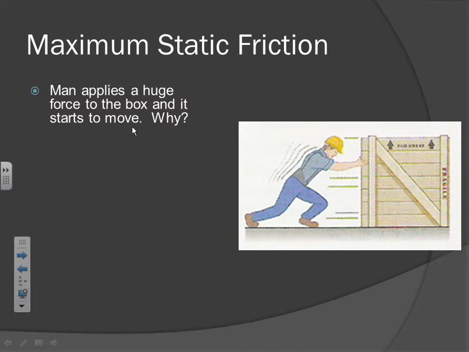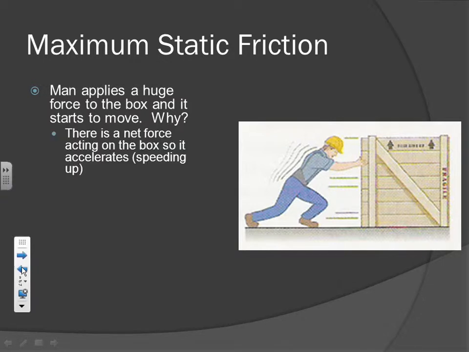Why? His force is greater than the frictional force, right? So if it moves, that means that there's a net force acting on the box, and it will accelerate. In this case, it will speed up. Static friction can only increase to a certain amount.